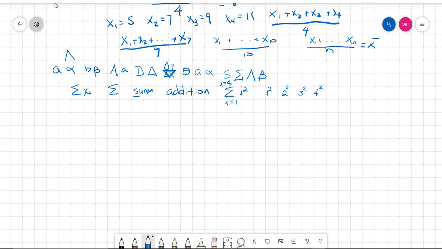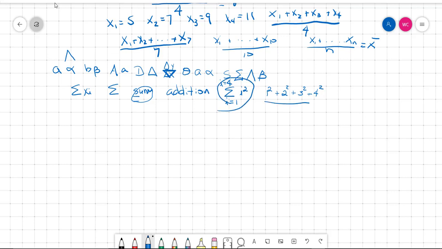And then what does the sigma stand for? We said the sigma is an S, and it stands for sum. So what does that mean? It means we put a plus in between. You put a plus there, a plus there, and a plus there. So that's what this means.